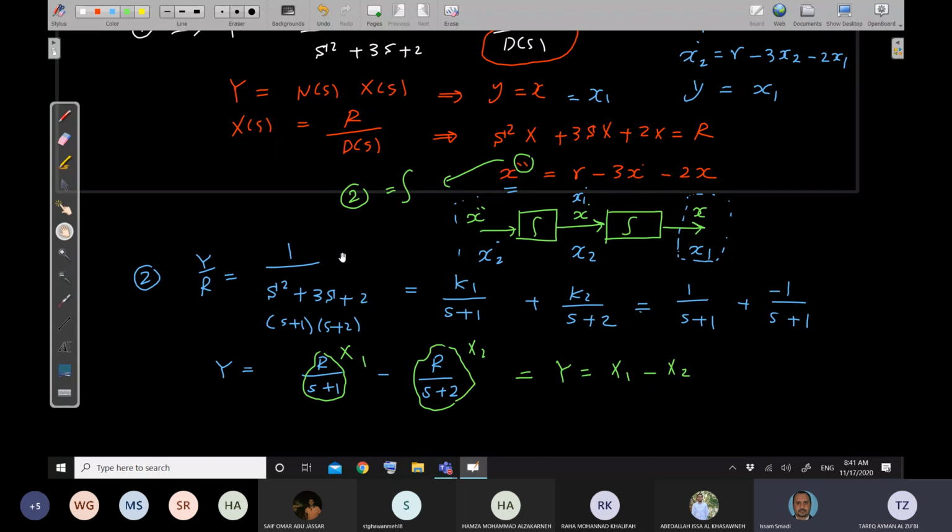Doctor, in the equation above, isn't the last k1 supposed to be minus 1 over s plus 2? Which one? This one? The blue one, the last on the right. This one. Isn't it supposed to be minus 1 over s plus 2? Yeah. That's why I'm not knowing why the one is stuck.